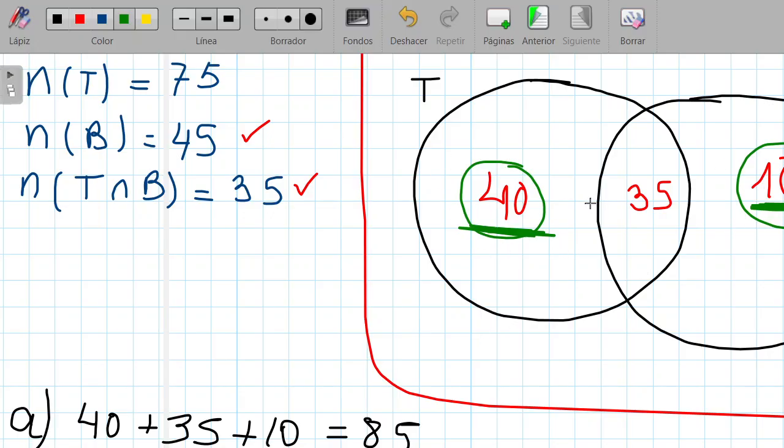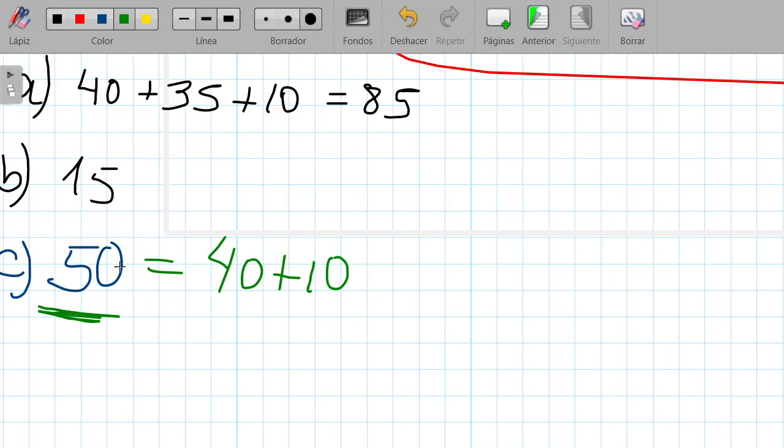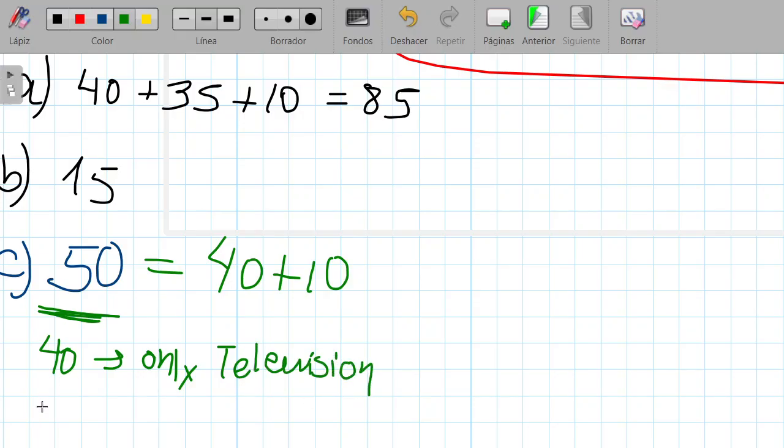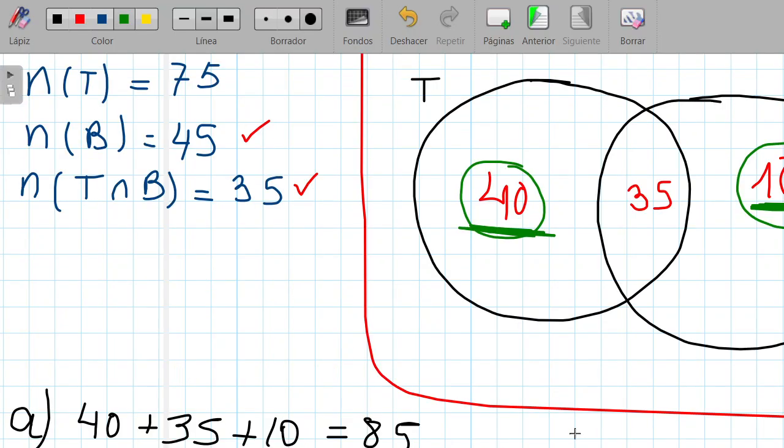So in the diagram you see we have 40 with only television and 10 with only bicycle, which gives me a total of 50 students. So the correct explanation will be 40 students only have television, and 10 students only have a bicycle or a bike.